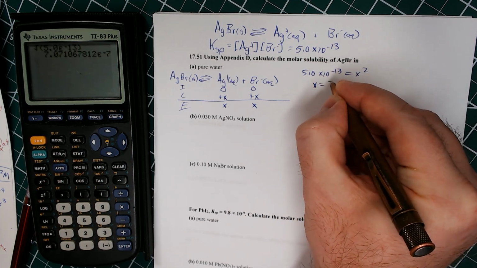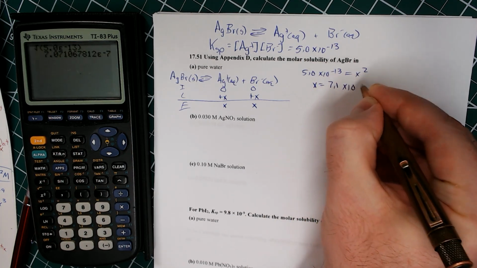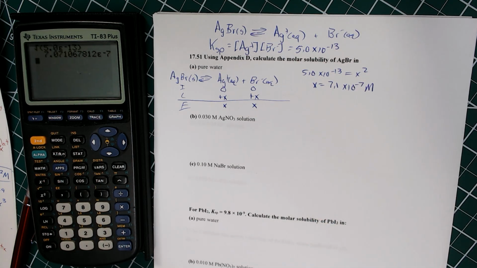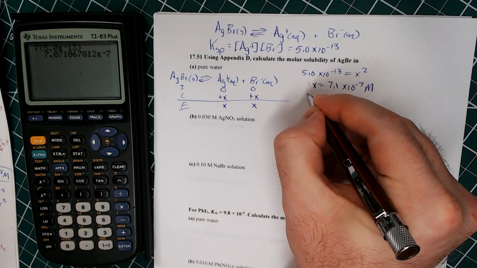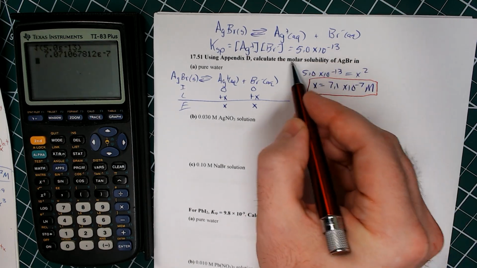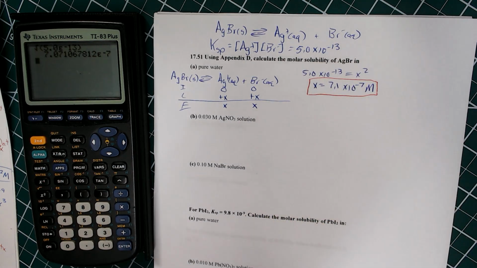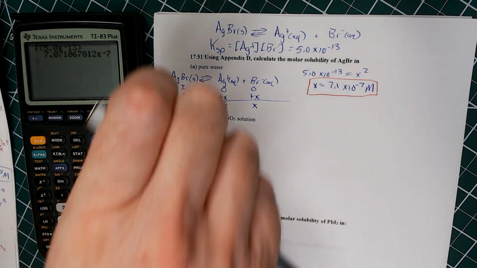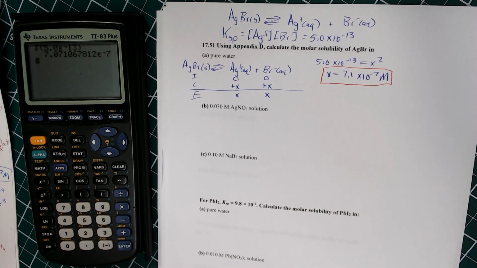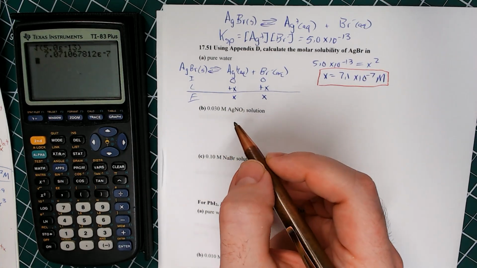So X is 7.1 times 10 to the negative 7 molar. And as I mentioned earlier, that is the molar solubility. So that is the answer to this question. Again, if it's asking for molar solubility, you are looking for X. All right, so that was pretty easy. That was not too bad.